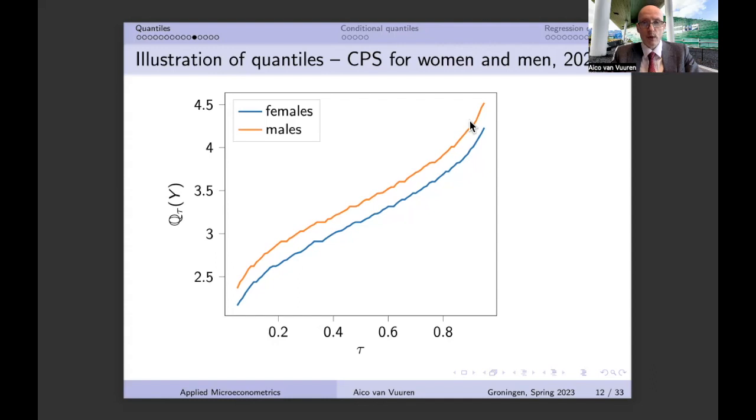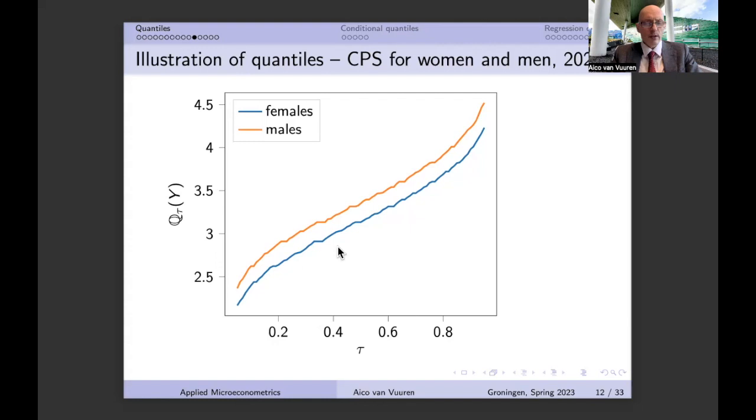And that's not just true at one particular aspect of the distribution, such as the mean or in our case the median. We do see that males make everywhere a little bit more than females. Well, we'll see that it's maybe not a little bit more later in the next slide, but we do see that males make more than females. That's even the case for the year that we are looking at, 2022.